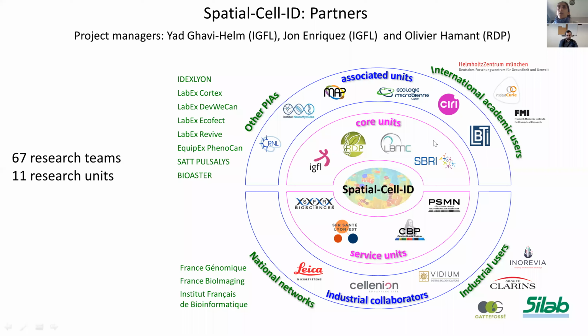But then, of course, all the other units of Lyon and the associated units will be able to use this platform. We also have academic users and industrial users that are interested in this project and already contacted us. The goal is that after the first 3 years of development of the project, anybody could use this platform when they want.